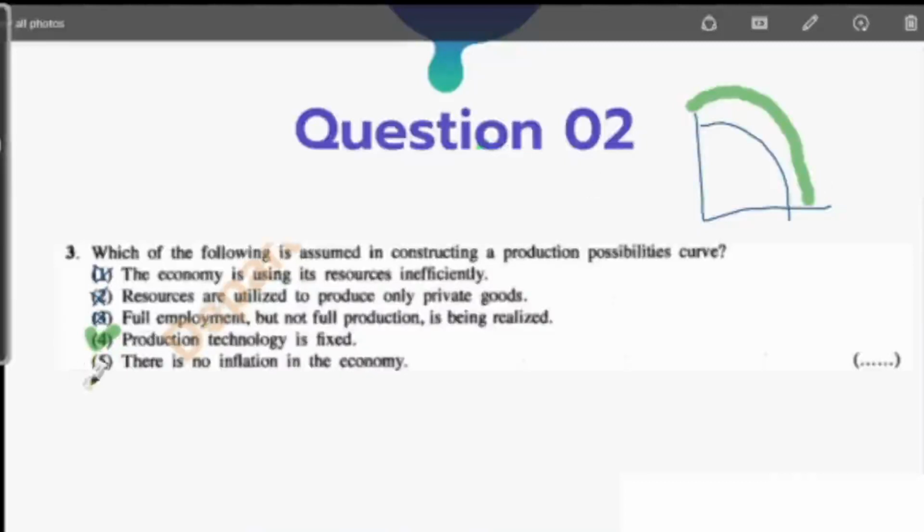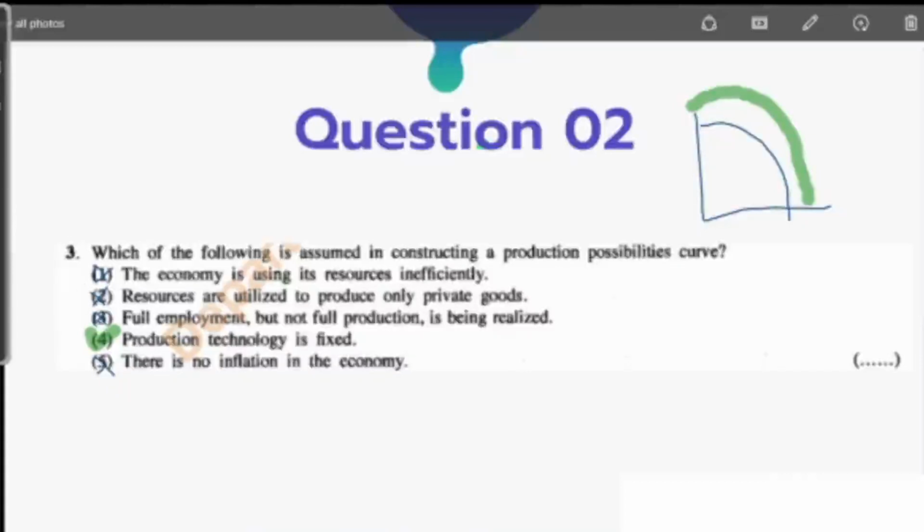So fourth option is correct. Fifth one, there is no inflation in the economy. When we are constructing a PPC, we do not consider any macroeconomic factors like inflation or tax rates. Therefore, this statement is wrong. So the correct answer is option 4.